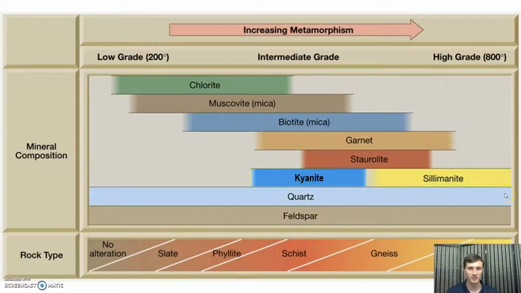So you pick up a metamorphic rock and you see quartz in it, that doesn't really tell you much about the conditions where that rock formed. On the other hand, things like chlorite, this green mineral, muscovite or biotite, which are these light or dark platy minerals, garnets, staurolite, these other sort of uncommon minerals, these tell you a little bit more about what kind of metamorphic environment the rock was in.